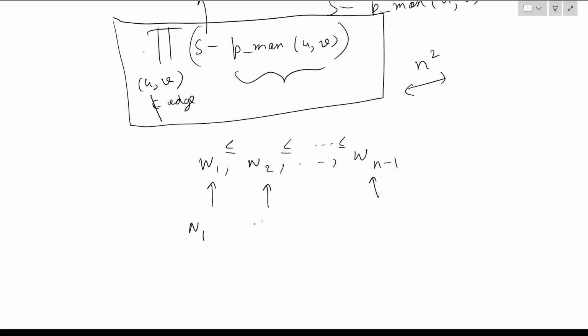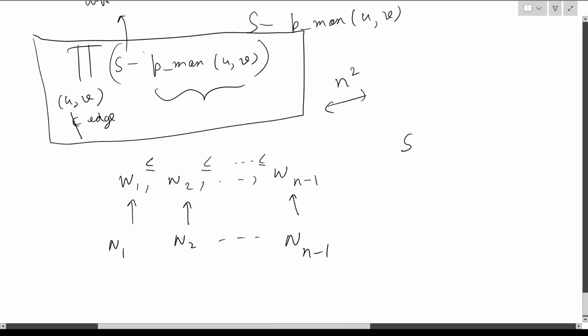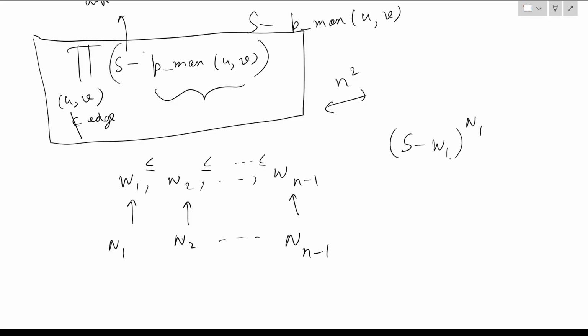Let's call that n1. Let's define n2 all the way till n minus 1 similarly. Then all we need to compute is s minus w1 to the power n1 because the same w1 appears n1 times. And this I could also just write as multiplying this over all i from 1 to n minus 1.